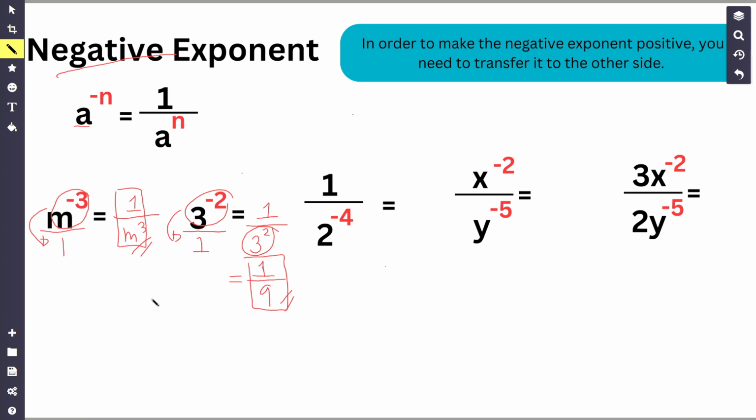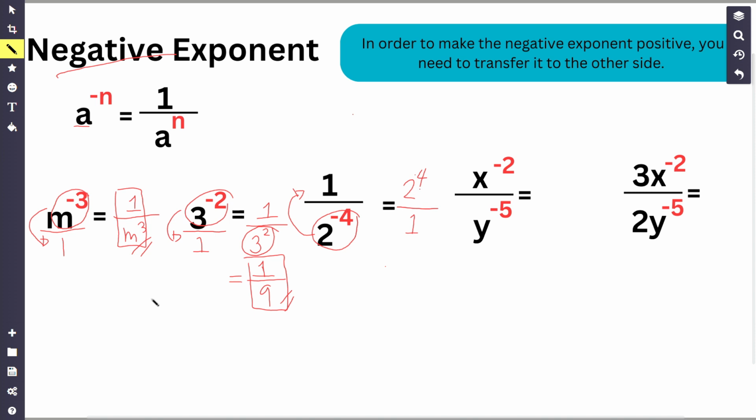Now what if we have this one? It's a fractional form. Let's say we have here 1 over 2 raised to negative 4. Same thing that I mentioned a while ago. If it's in the denominator and it has a negative exponent, you bring it to the numerator. It will become 2 raised to 4, again the negative 4 exponent will become positive, and then over 1, as if you're just going to reverse it or flip it.